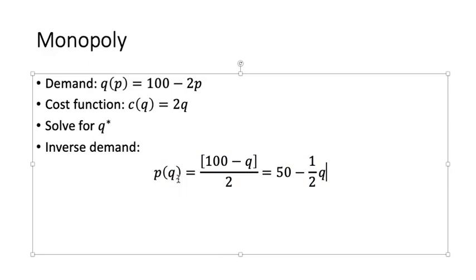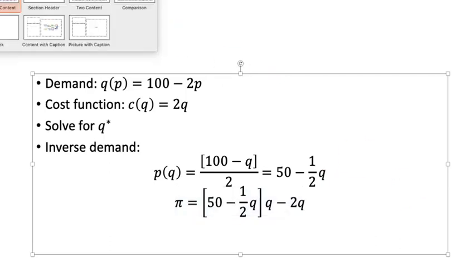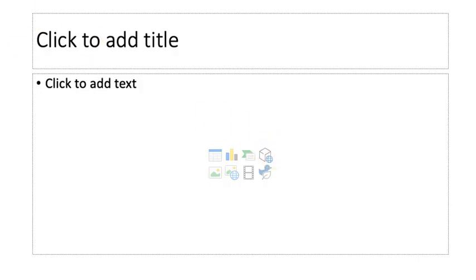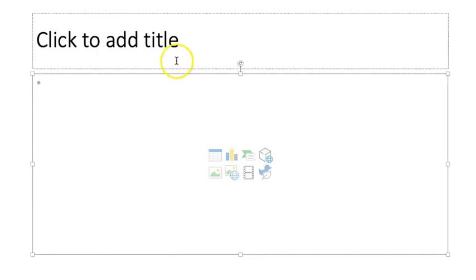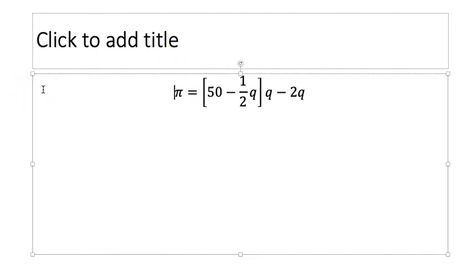So the profit function pi becomes (50 minus 1/2 Q) times Q minus 2Q. For the profit maximum, coming from this function, let's copy the profit function and solve for the derivative.